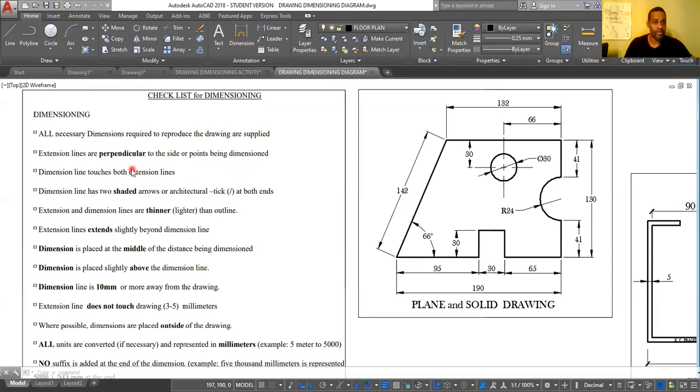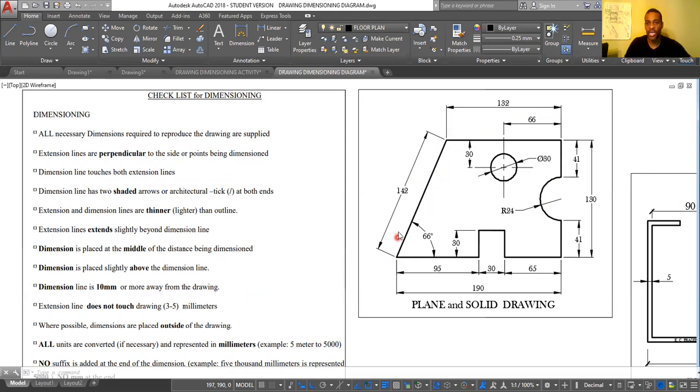Next thing, the extension line should always be perpendicular to the drawing or to the figure. So here we have the figure outlined in a thicker line, and these are our extension lines. Our extension lines should always be perpendicular to the side being dimensioned or the points being dimensioned.